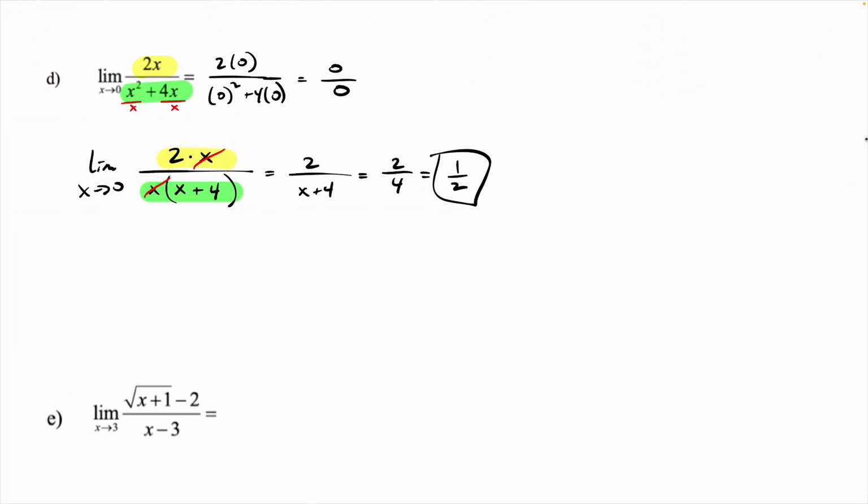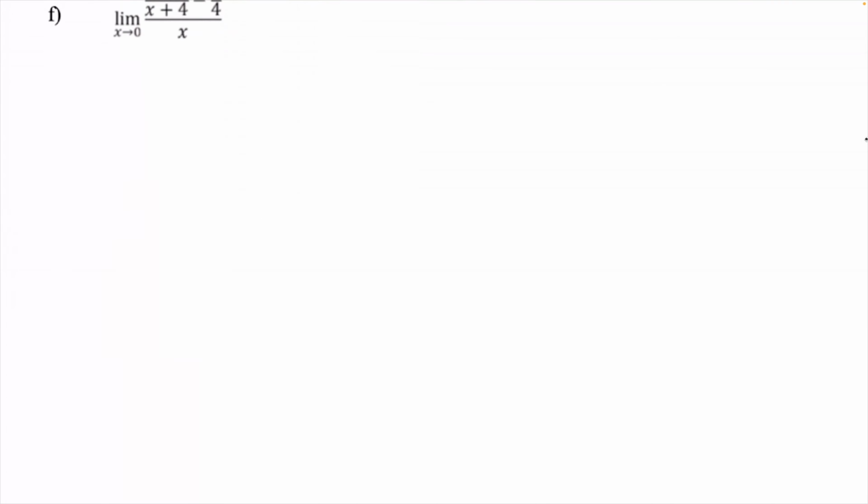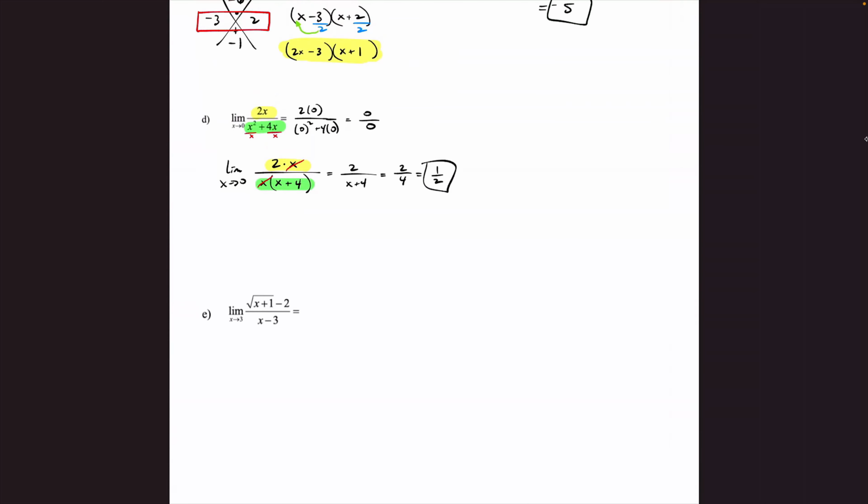Okay, so here, try this one. So we've got an E and an F, right? So we'll call this one G. Okay, so try this one.